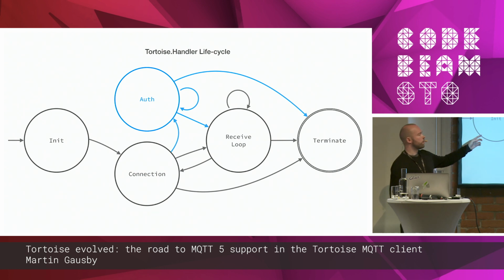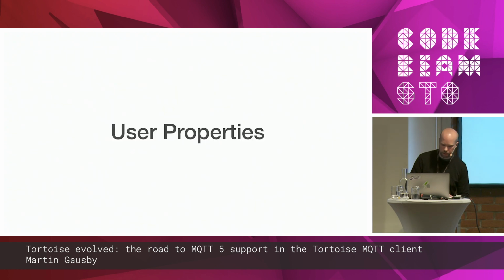You can basically do any kind of authorization that you want to with this model, and of course we can end up in the terminate state from there or into the receive loop. So this is a pretty good change, and this is pretty easy to implement.